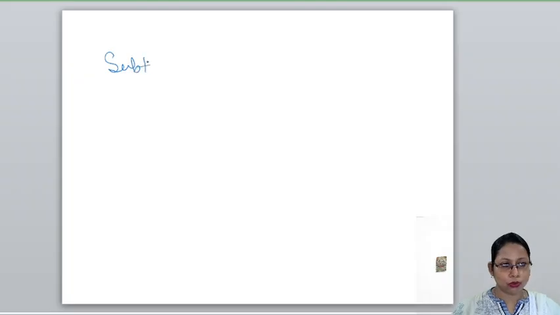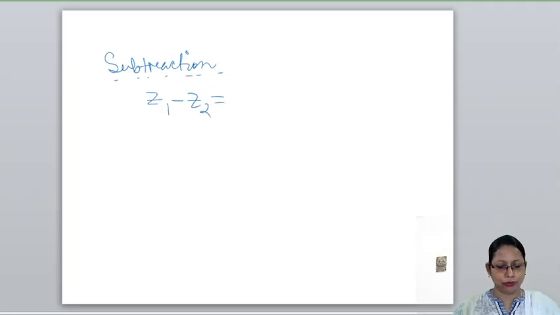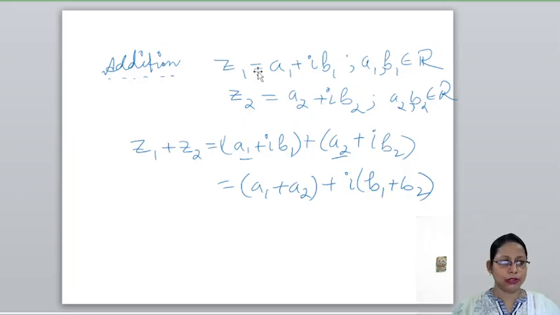Subtraction of two complex numbers: z1 minus z2. I have already defined what z1 and z2 are. This is z1 and this is z2.